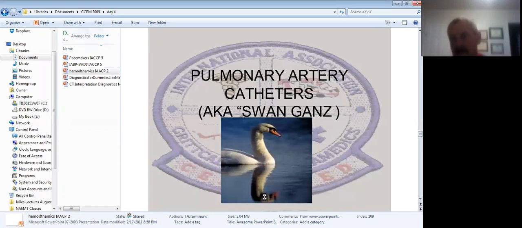So a lot of us call them AMBU bags even today, even though AMBU is now one of the smaller bag valve mask manufacturing companies. Well, Swan-Ganz was the first pulmonary artery catheter that was around. So people call them Swan-Ganz catheters now, even though there are many other brands other than the Swan-Ganz brand. So pulmonary artery catheter and Swan-Ganz mean in fact the same thing.